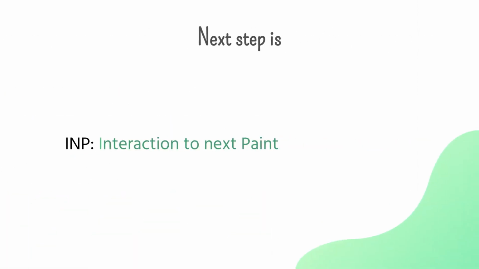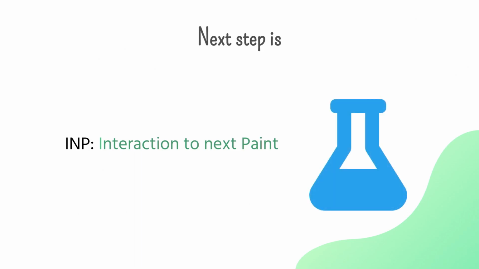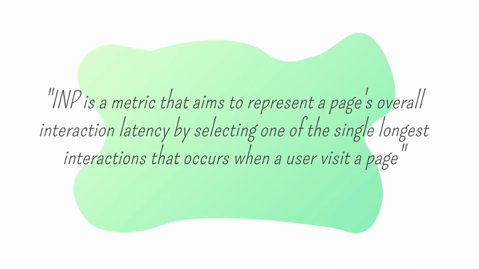So the next step is Interaction to Next Paint. But this metric is still experimental, so please avoid using it in production. If you want to use it in development mode, go, but not in production. INP is a metric that aims to represent a page's overall interaction latency by selecting one of the single longest interactions that occurs when a user visits a page.